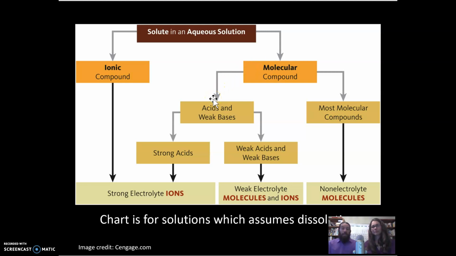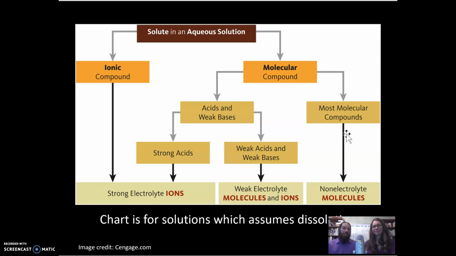If it's a strong acid, that's a strong electrolyte. There are 6 of those strong acids. If it's a weak acid or a weak base, then it's a weak electrolyte, so this is a dimly lit bulb. But most of the molecular compounds are not electrolytes, so they don't form ions in solution.